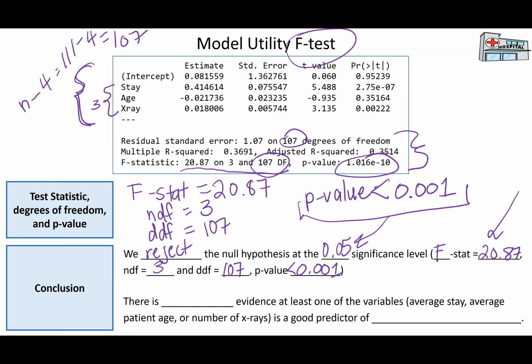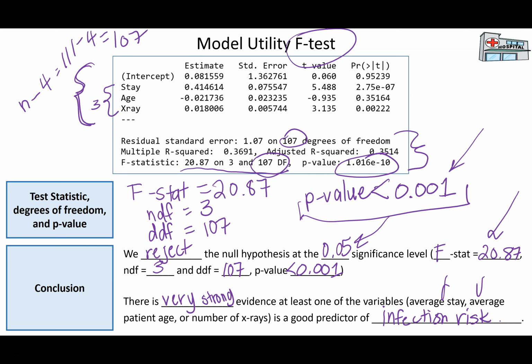Then I want to go ahead and use that spectrum from earlier, say, well, how strong is this evidence? If my p-value is that small, it's pretty strong. So you could say very strong, convincing would be okay as well. So very strong evidence that at least one of the variables, and here I list them, average stay, average patient age, or number of x-rays, is a good predictor of, and here's my response variable, infection risk.